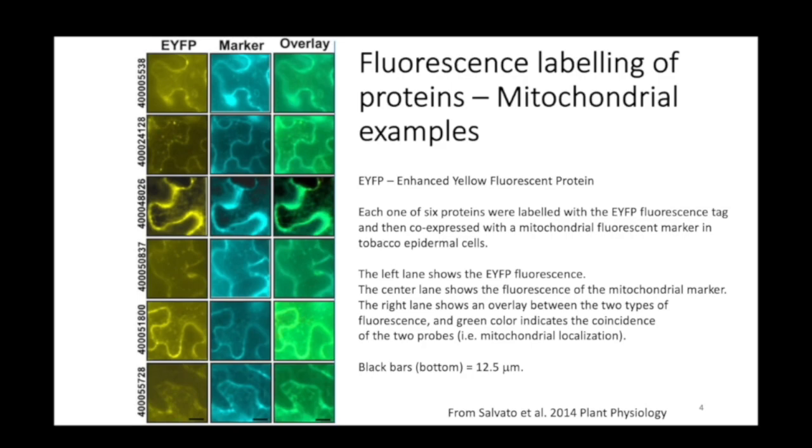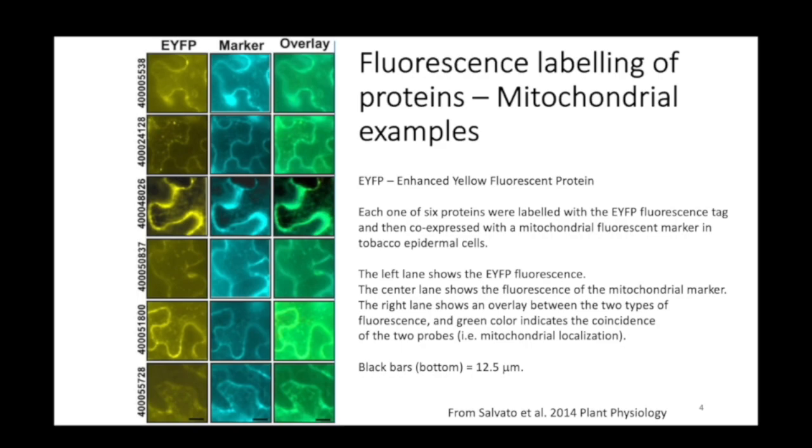And you see there's a very good agreement between the EYFP fluorescence and the mitochondrial marker fluorescence. So all of these proteins, all 6 proteins, are mitochondrial. Well, that's nice.